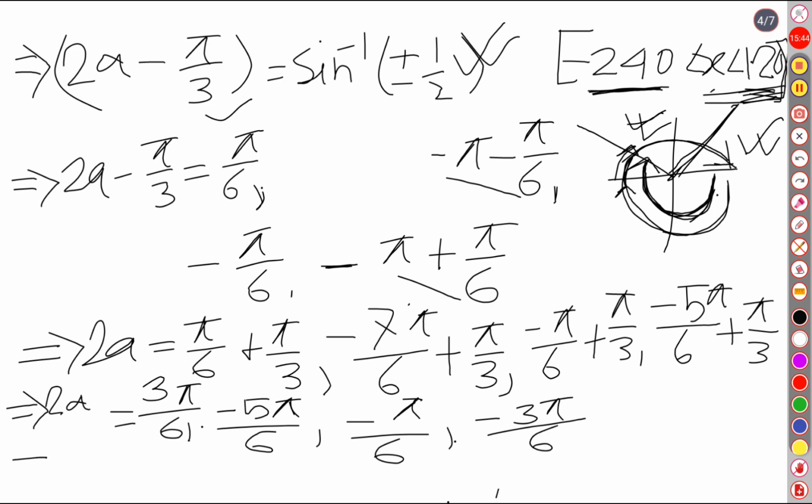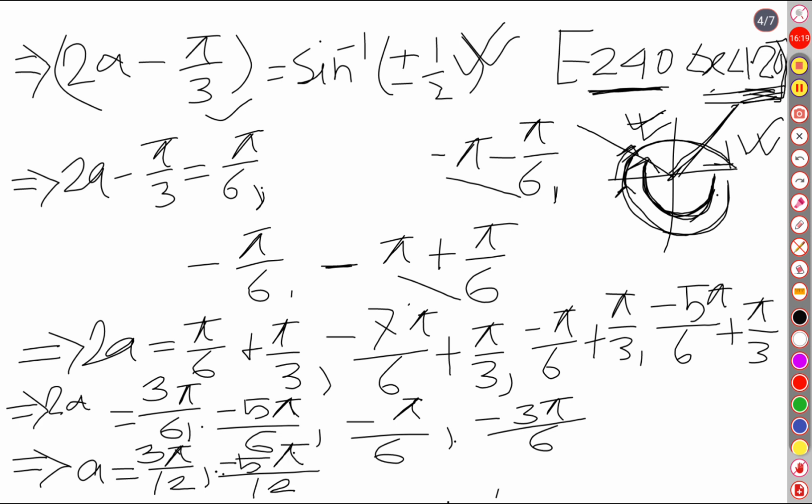Then from the left side, if we transpose this 2 to the right side, what will happen? Ultimately twice alpha, this 2 will be 12. Okay, this is 12, sorry, 12 over 3 pi. Then the second one is going to be negative 5 pi over 12.